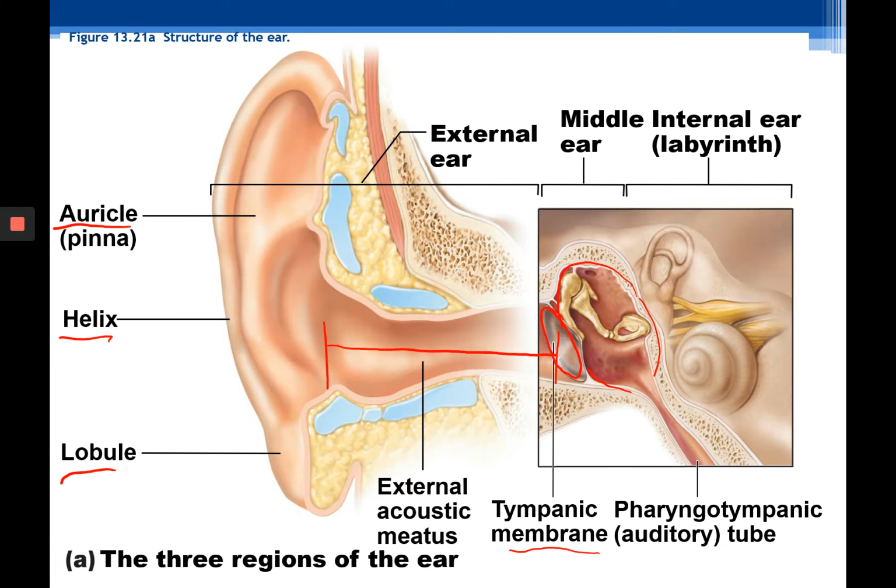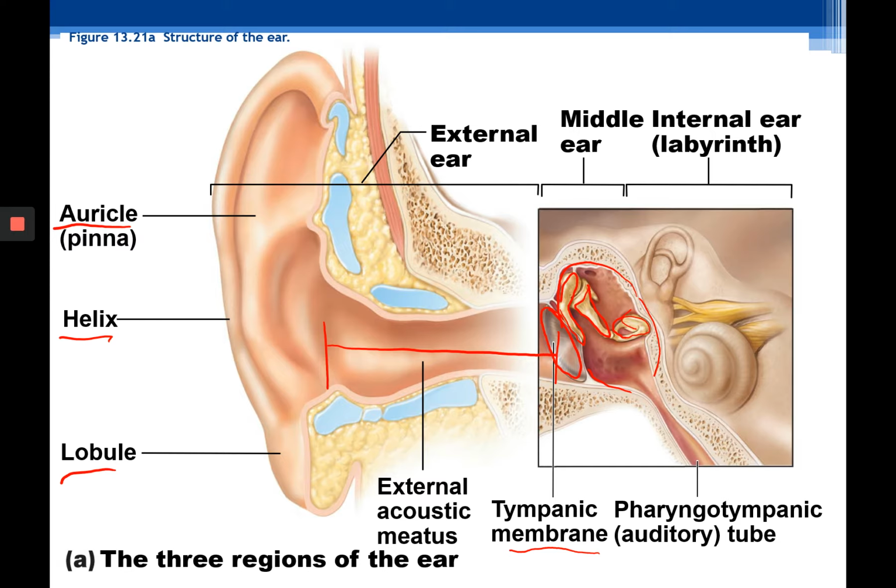Those three bones as a group are called the auditory ossicles. They consist of the malleus, incus, and stapes. So malleus, incus, and stapes. And the stapes sits on top of the oval window. And the oval window is going to be an area that separates the middle ear from the internal ear.